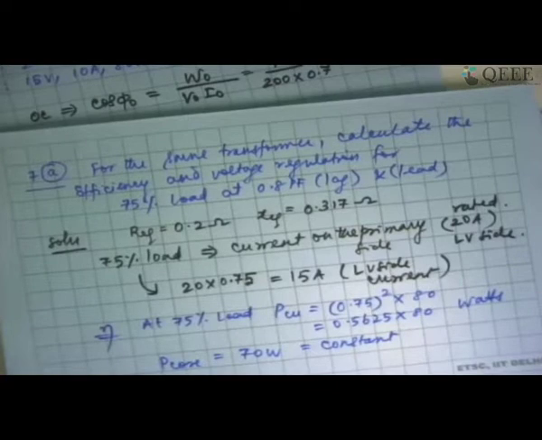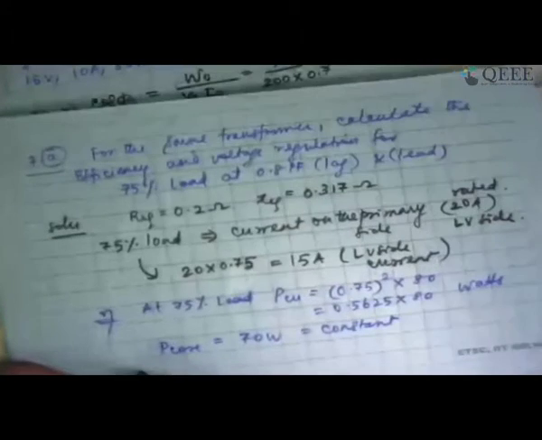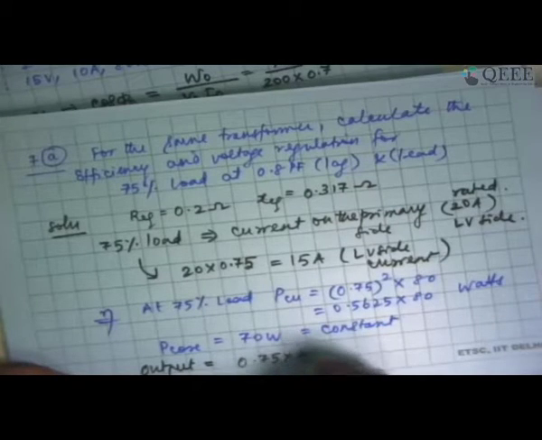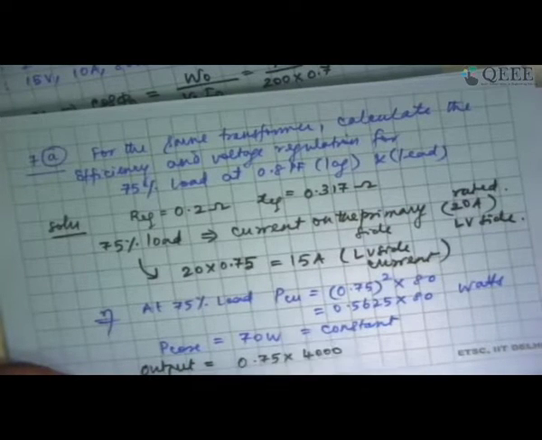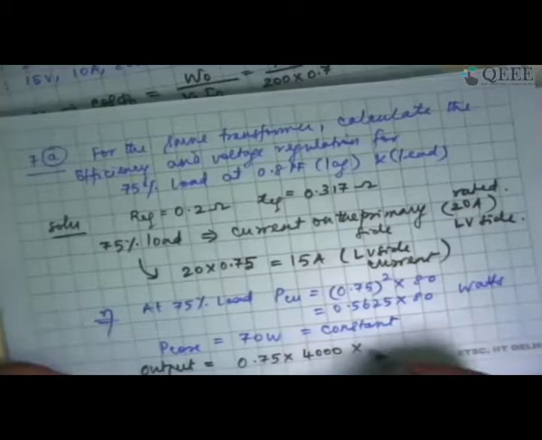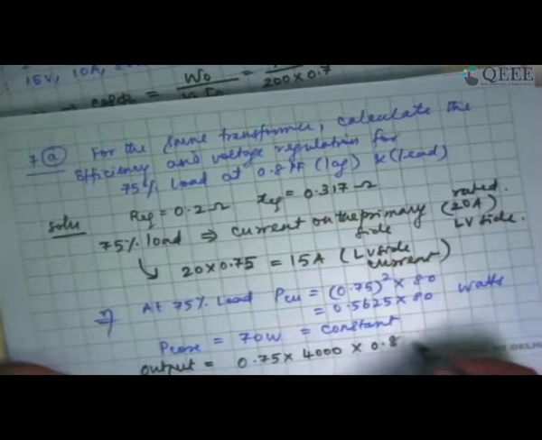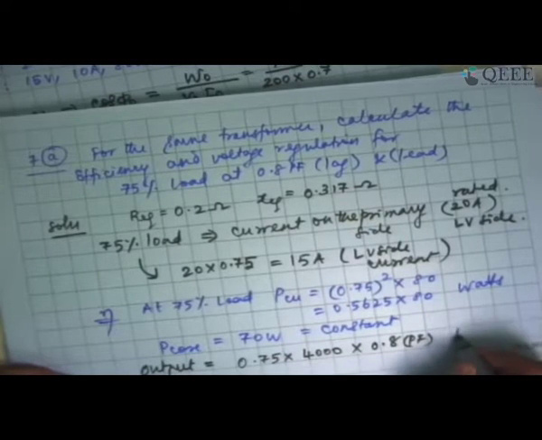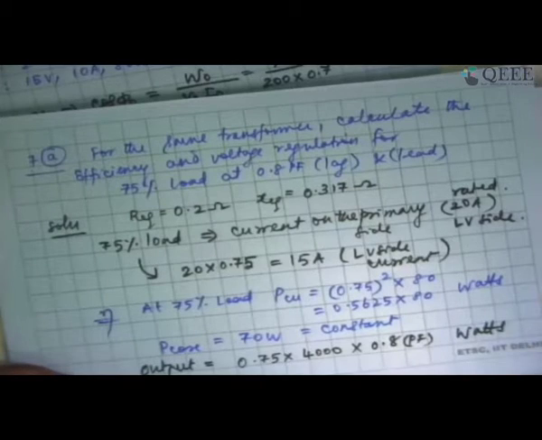Now I have to say what is the output. Output is 0.75 times 4 kVA multiplied by 0.8 power factor. Whether it is lag or lead, it doesn't matter. So this is going to be my output watts. Right?